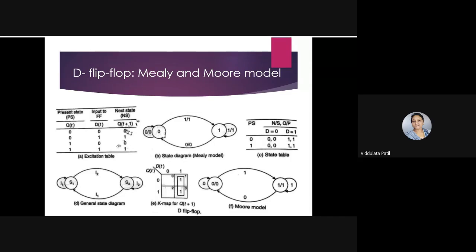Suppose the input is 0 and the current state is 0, then the output will remain in the state that is 0. So if the present state is 0, this shows the output present state.